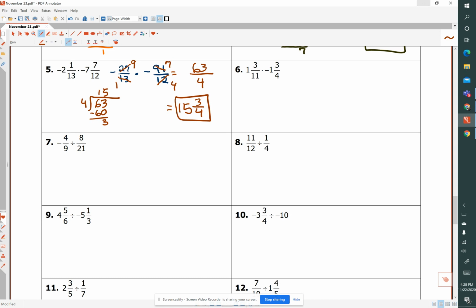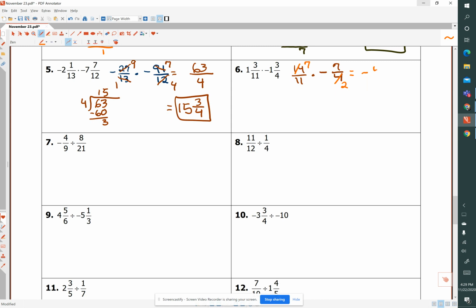Number 6. So 11 times 1 is 11, plus 3 is 14 over 11, times a -7 over 4. We can simplify that a bit, because 4 is divisible by 2, as is 14. So 7 times 7 is 49.